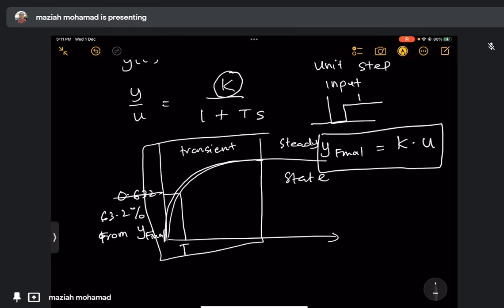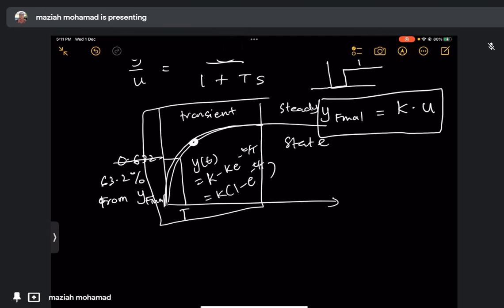If you want to calculate the value here, you cannot use KU. You have to use the equation y(t) equal to, supposedly, K minus K exponent negative t over T, or K times 1 minus exponent negative t over T. So in the transient region, to calculate y(t), you use K times 1 minus exponent negative t over T. But in the steady state region, you can straight away calculate like zero order, K multiply with U. Okay, Doctor, thank you, Doctor.